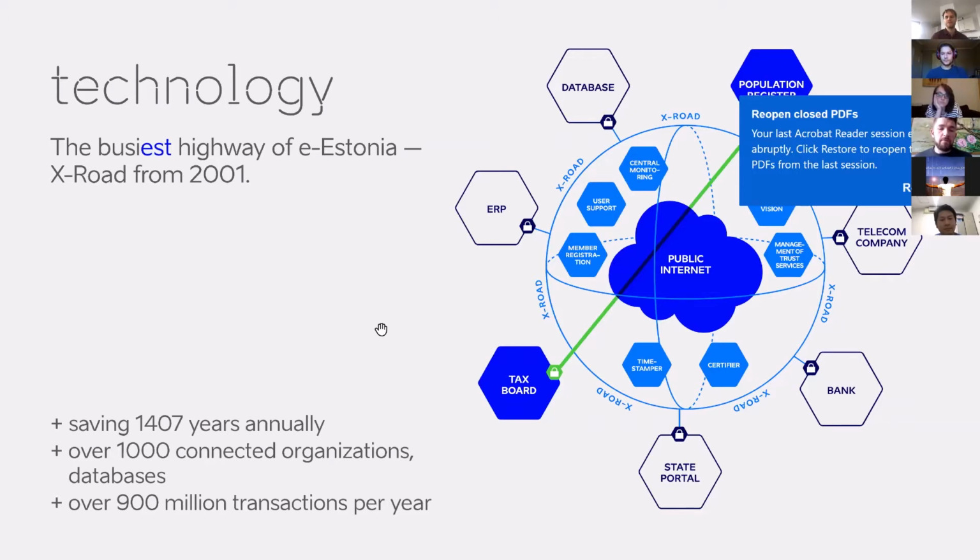And we have about 1,000 organizations connected via X-Road, and it does about 900 million transactions per year. An important thing that we like to stress is that X-Road is not some kind of central database. It doesn't hold any data. It just helps data go where it needs to go. The only thing that X-Road holds is data about queries made, which is important for cybersecurity purposes, which I'll get into.